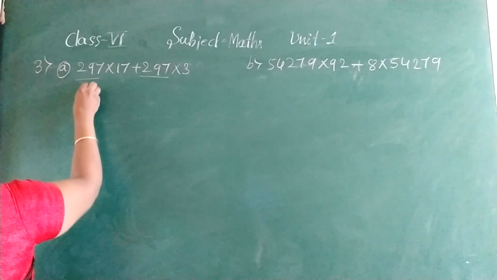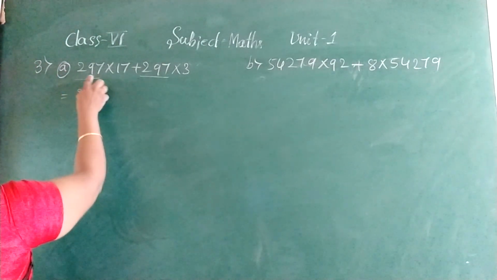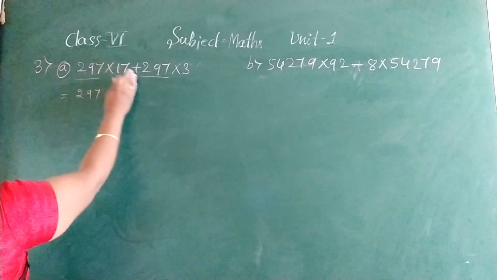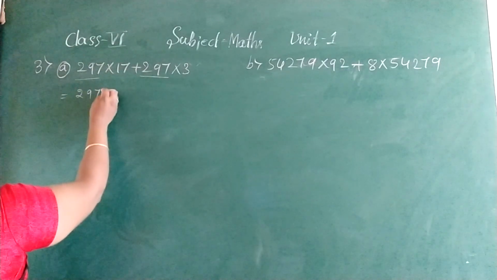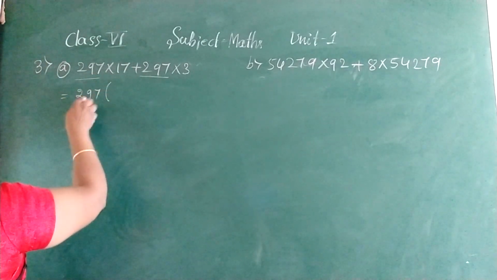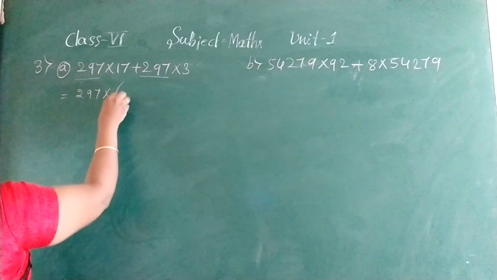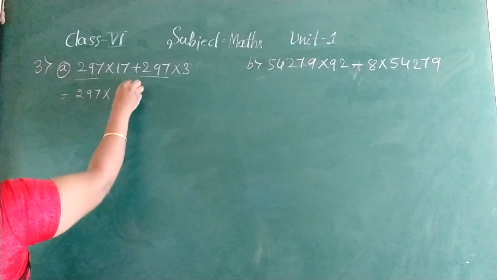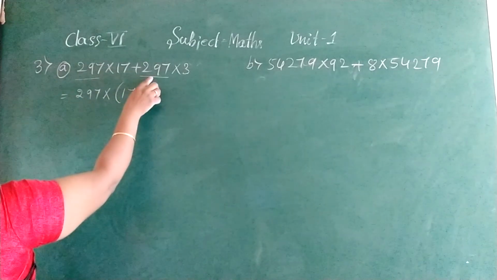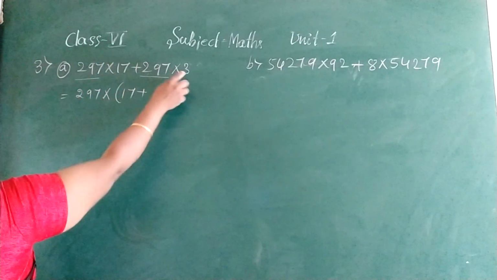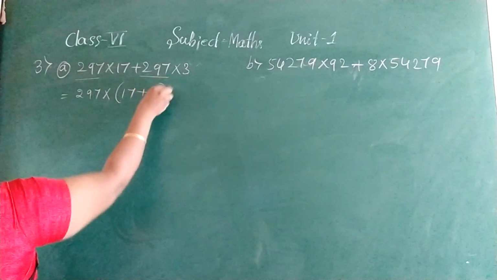So 297, I took common from both sides. So plus, after plus and before plus, 297 if I take outside, what will be remaining here? Into, in the bracket, 17 is remaining, and then plus, here 795, 7 has come out, so 3 has remained.